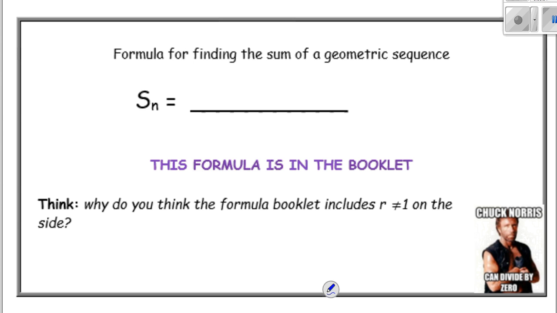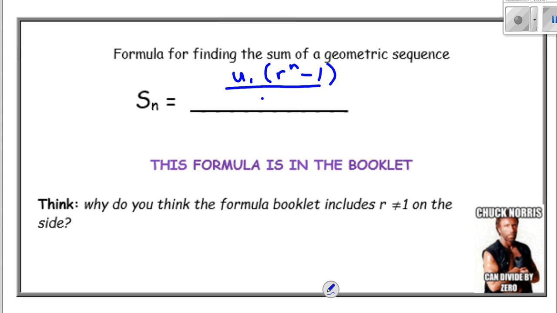Just so you know you've seen it. Right there too. Yeah, I tend to use the first one. So let's use the first one. It's like U of 1, bracket R to the power of n, minus 1, all over R minus 1. Okay.